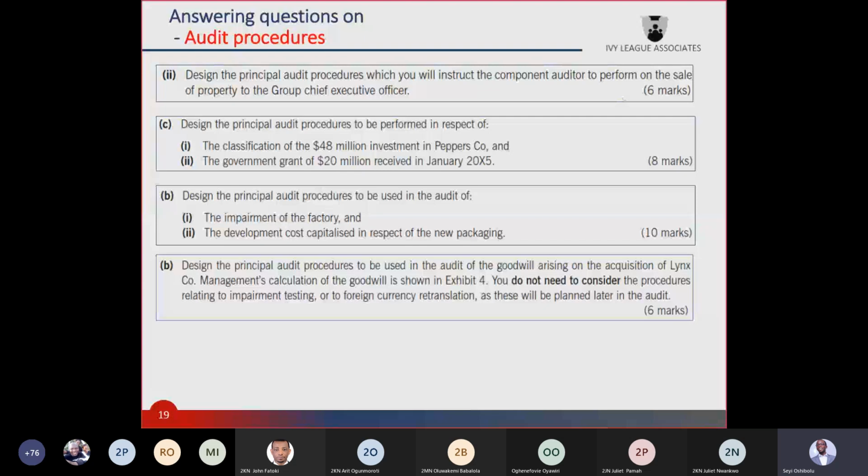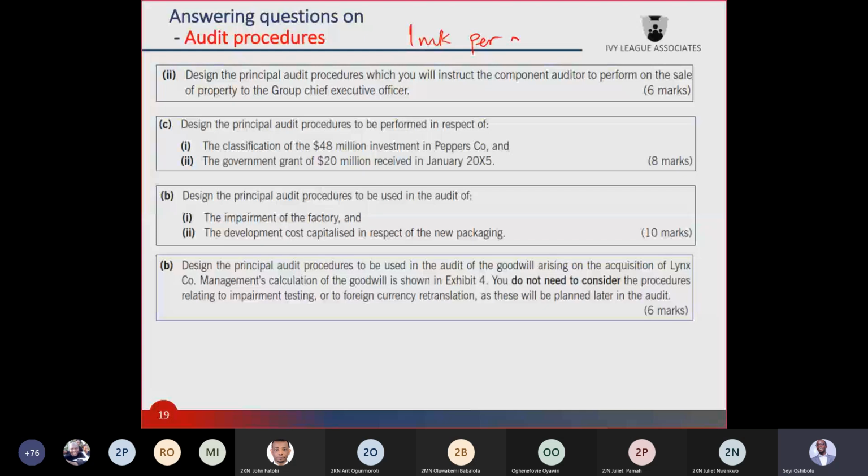What audit procedures will you instruct the component auditors to perform? Now, this is 6 marks. Generally, it's 1 mark per procedure. So you have to give 6 procedures. And here is disposal of property. That is the subject matter of the audit procedures.